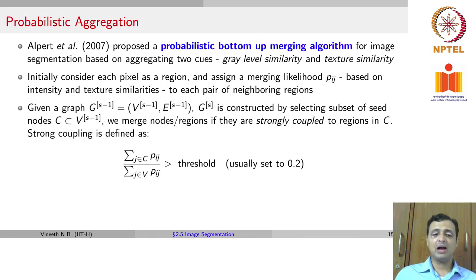Now, given a graph in a particular iteration, let's say the s-1th iteration, the graph is given by a set of vertices Vs-1 and edges Es-1.